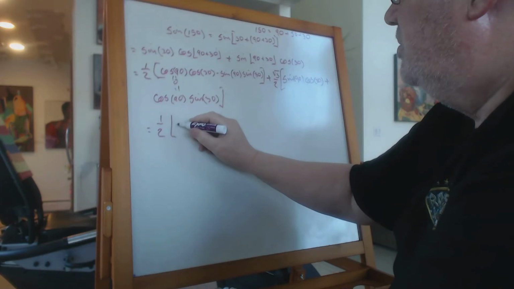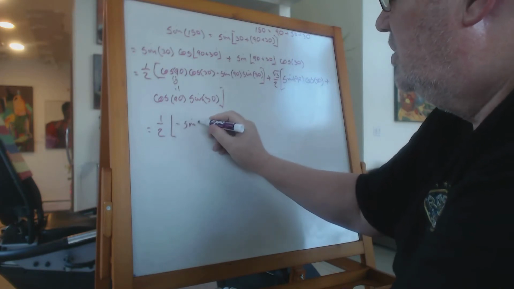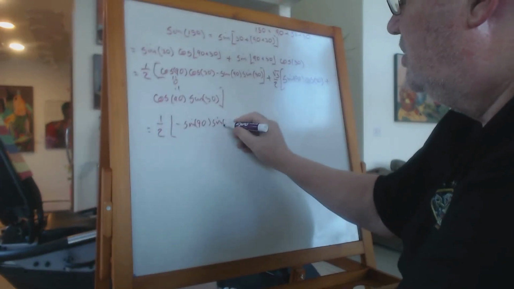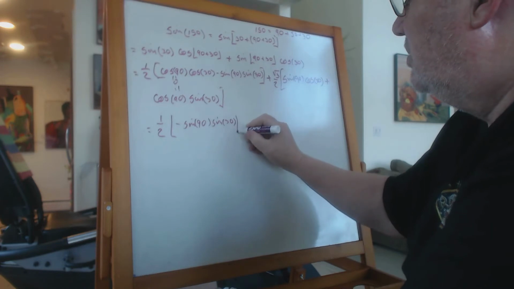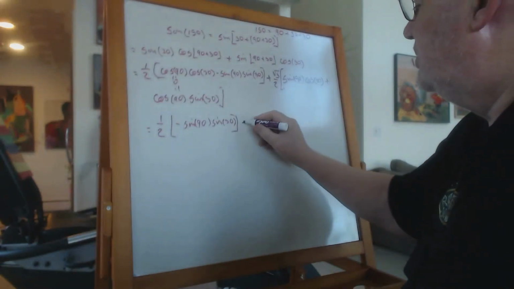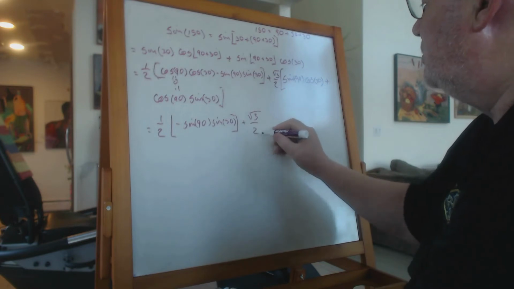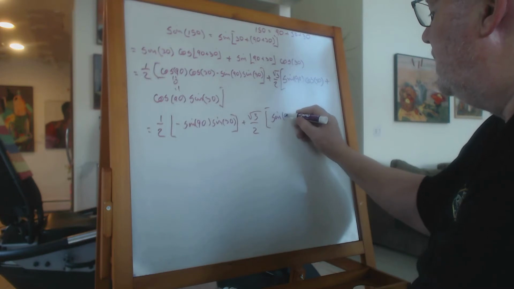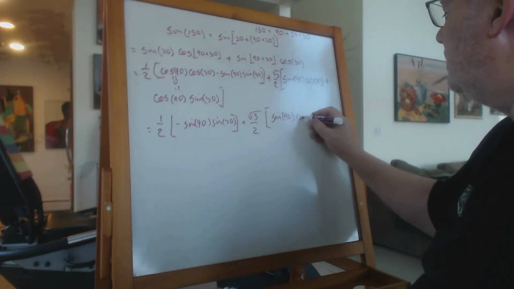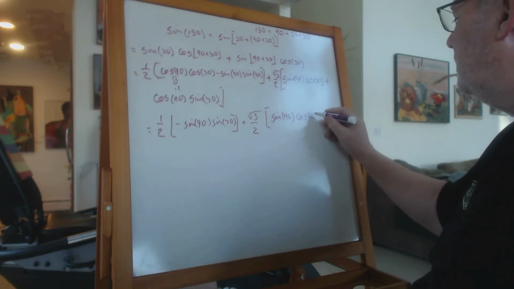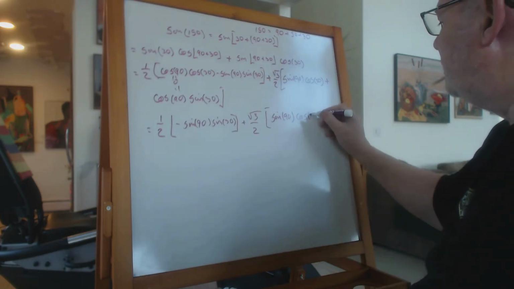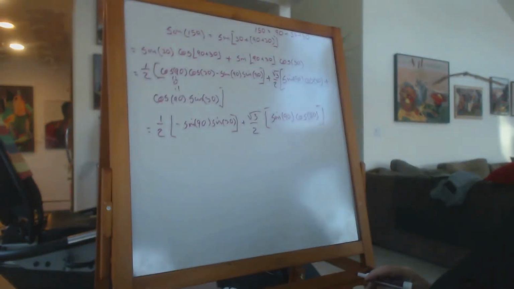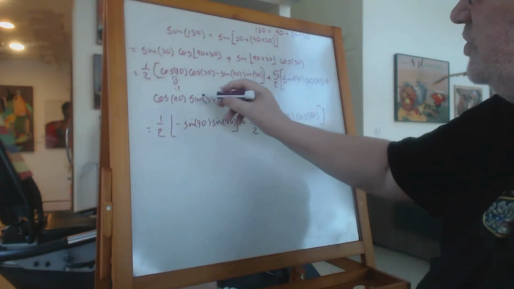Times minus sine of 90 sine 30 plus square root of 3 on 2 sine of 90 cosine of 30, and these terms drop because they're 0.